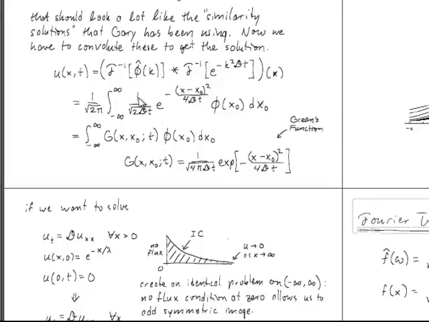Now what is customary is to take everything on the outside here that's a constant, lump it in with this piece of the solution, this part that depends on x minus x naught and the 1 over square root of 2 pi, or 2 dt. It's going to end up being a 4 pi dt after lumping together with this term.